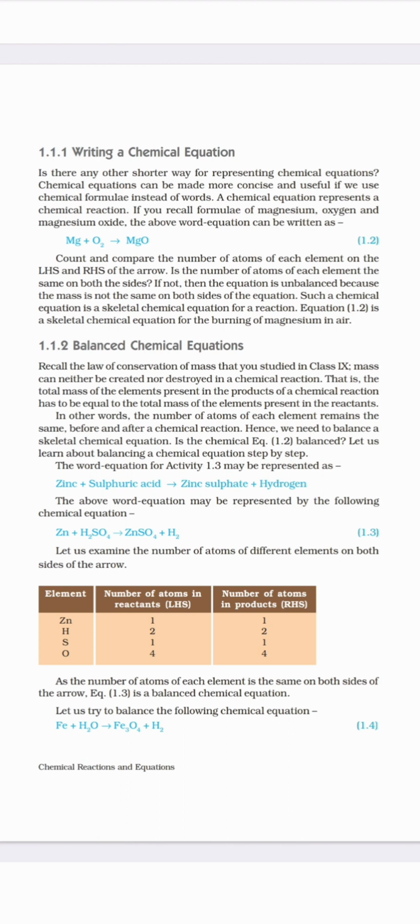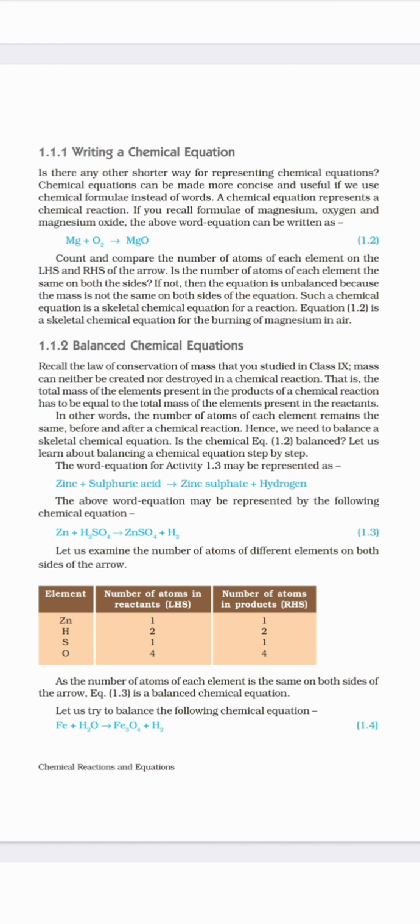So there are two forms of writing a chemical reaction, either a word equation or a chemical equation. In a word equation, the name of the compound is taken as such, whereas in a chemical equation, only the chemical symbols from the periodic table, the short forms of the elements, are used. For example, Mg plus O2 gives MgO.